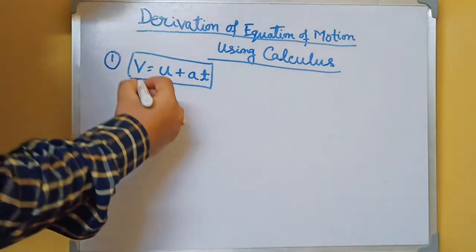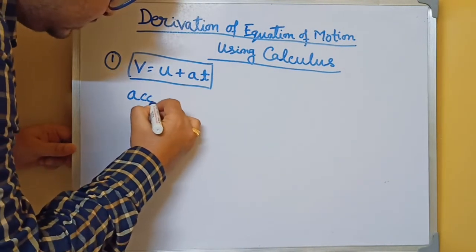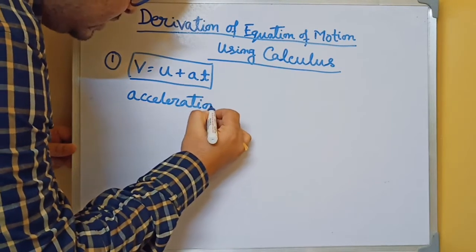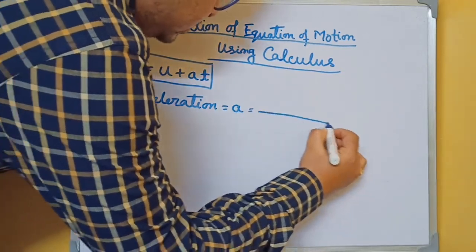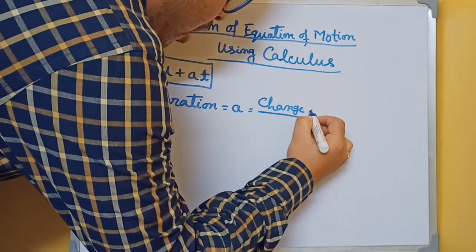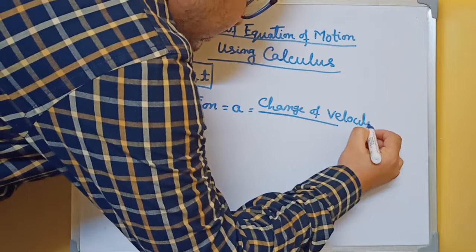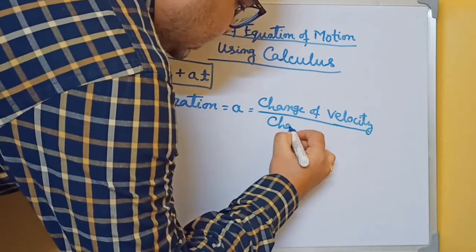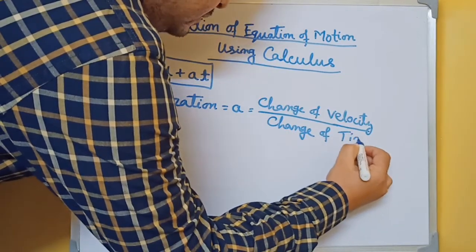calculus method. We know acceleration a equal to change of velocity by change of time.